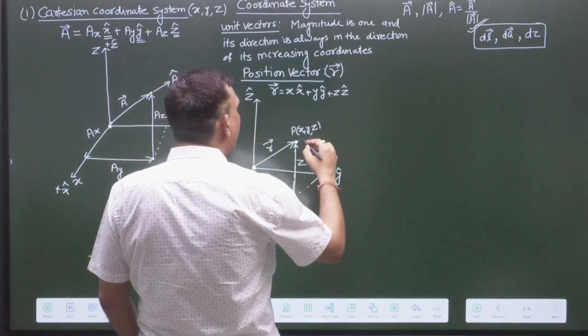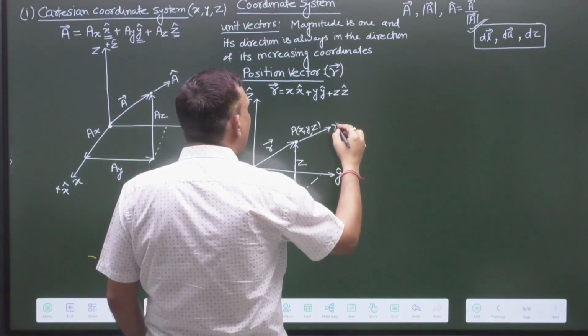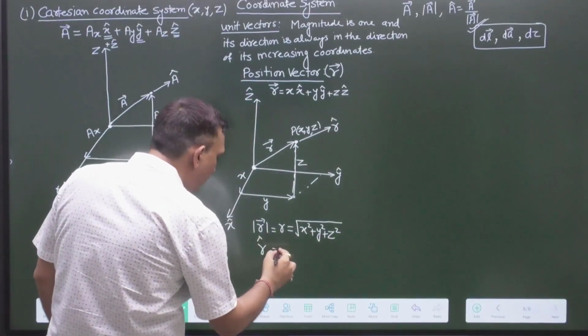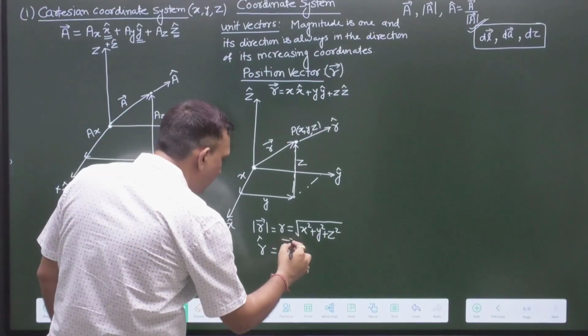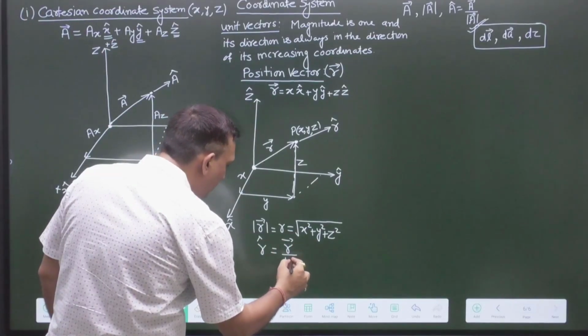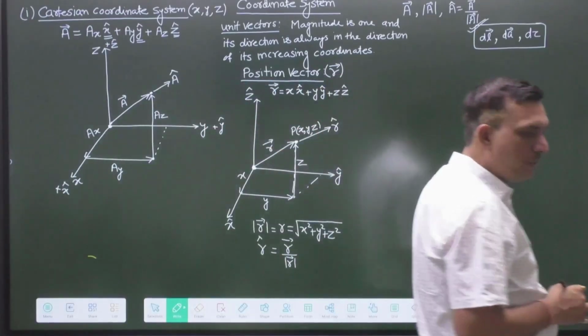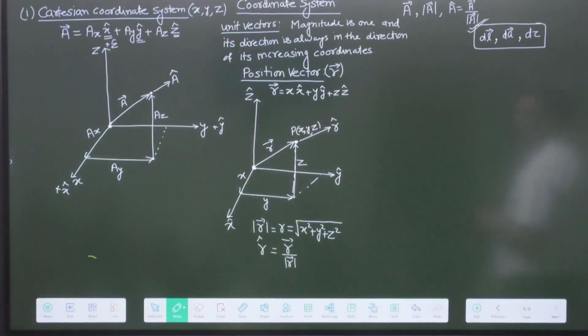Then what will be the unit vector along R, R cap? This unit vector is given simply by vector R by mod R. Clear?